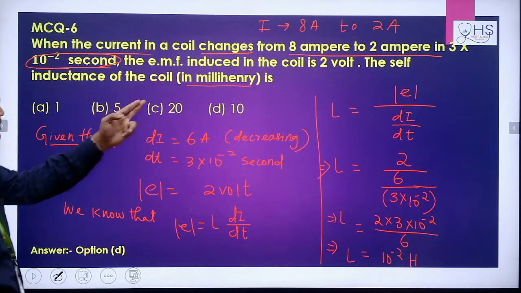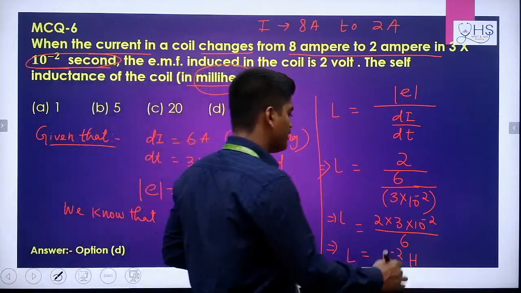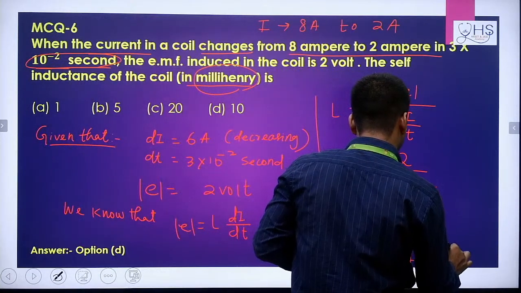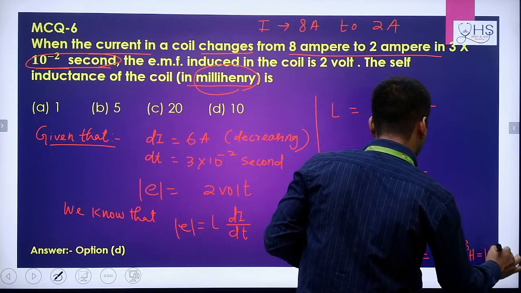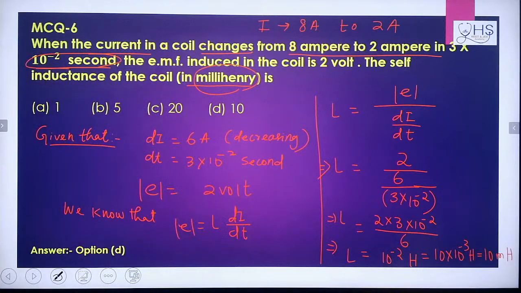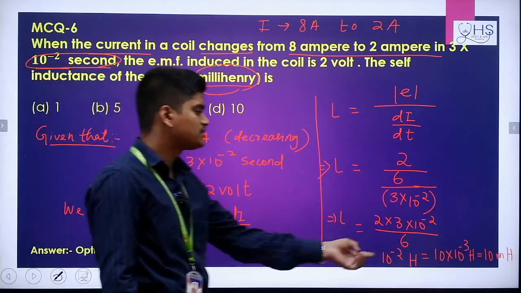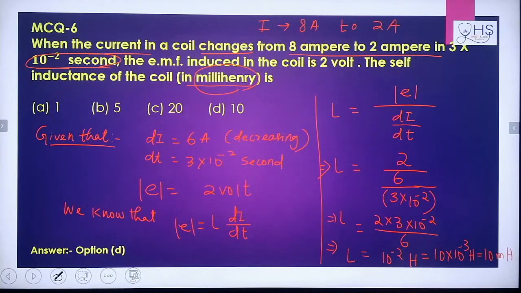But here there are no options like that. They are telling us to calculate the answer in millihenry. Millihenry means multiply by 10 to the power minus 3 Henry, so you can write 10 to the power minus 2 as 10 into 10 to the power minus 3. That becomes basically 10 millihenry.